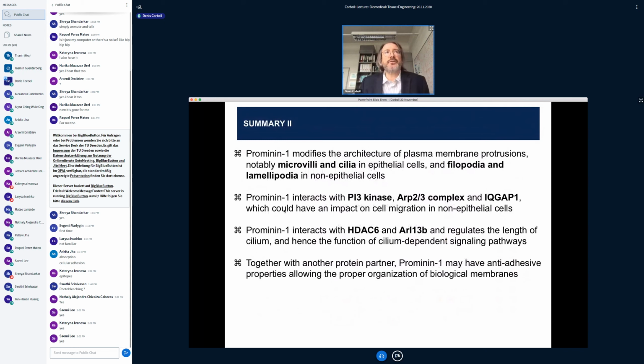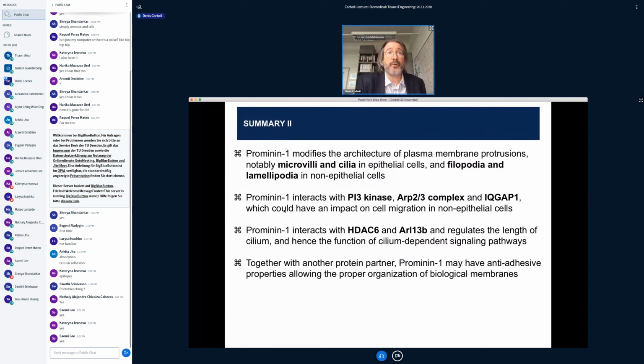So here we have shown that prominin 1 modifies the architecture of the plasma membrane protrusion, notably the microvilli and the cilium in the epithelial cell, and the filopodia and lamellipodia in non-epithelial cells. Prominin 1 interacts with PI3 kinase, ARP2/3 complex, and IQGAP1, which could have an impact on cell migration in non-epithelial cells.